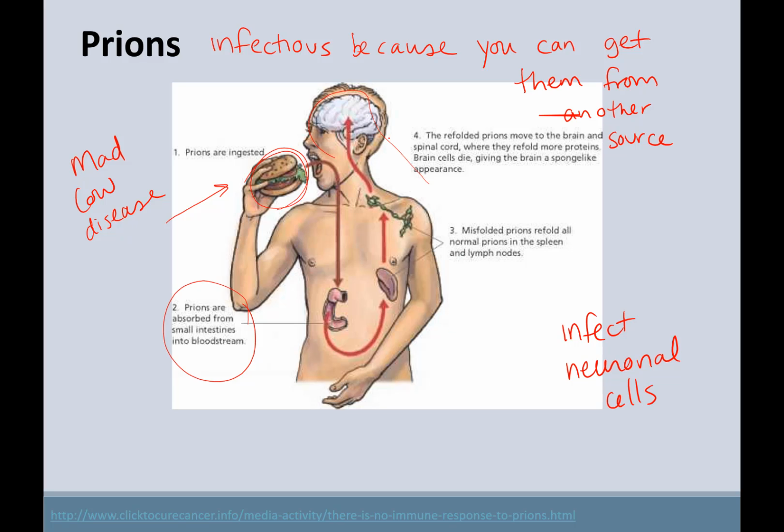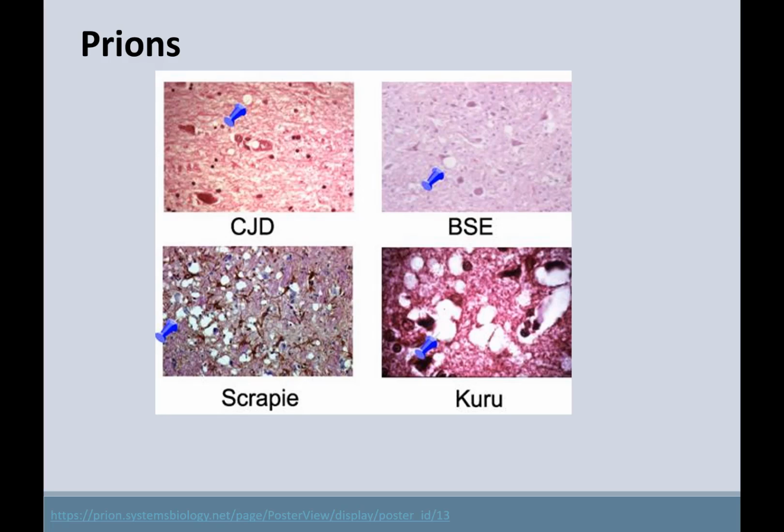They can travel then eventually to your brain and cause damage, cause that misfolding. So here's a couple of pictures of brain cells, and what you're trying to see is these big empty spaces. Okay. So the brain becomes spongy.